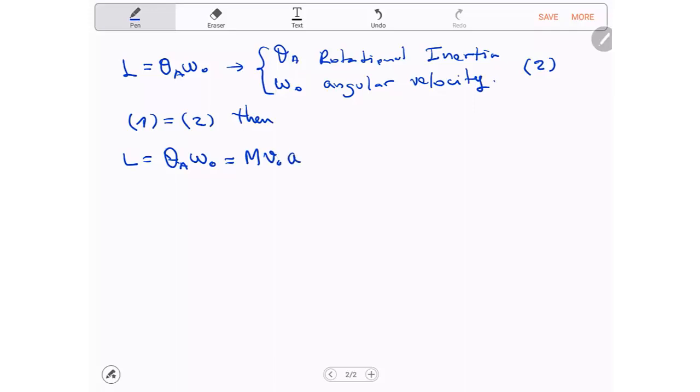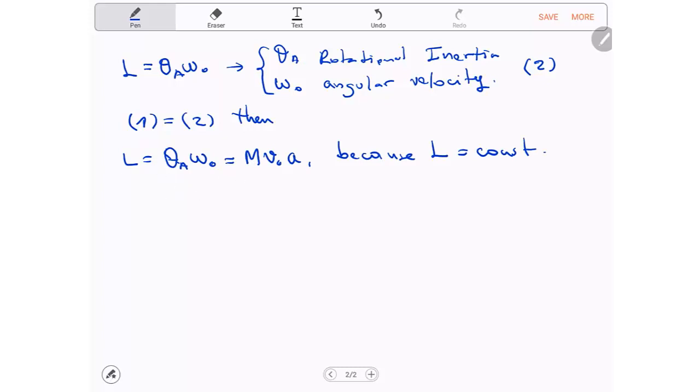Here what we have done is make equations 1 and 2 equal, because we know that angular momentum is a constant.